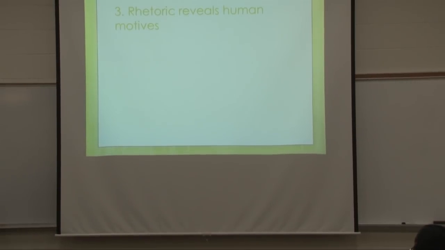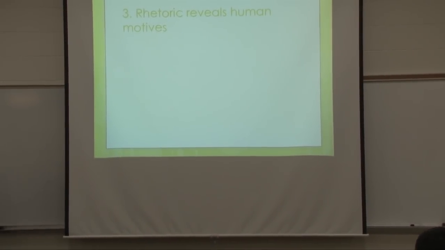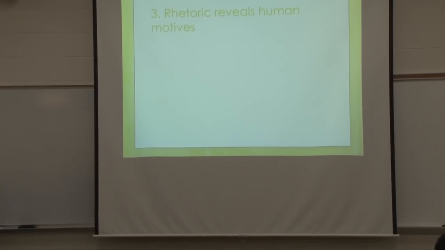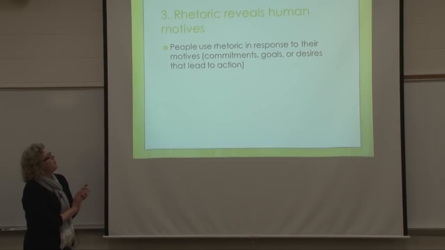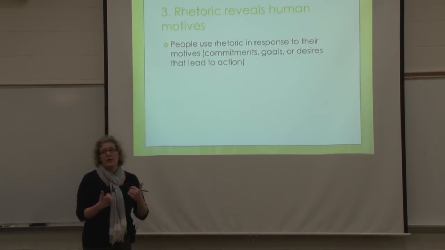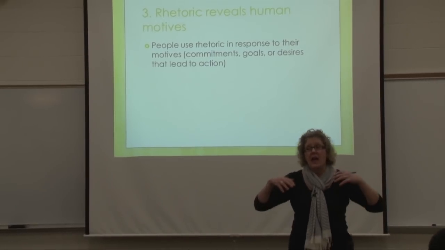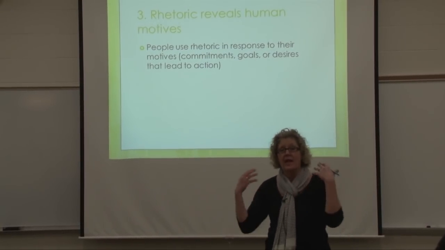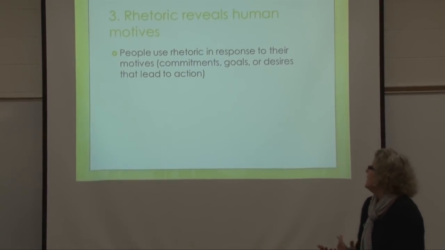Third, rhetoric reveals human motives. So this is sometimes a little bit abstract, a little bit difficult to understand. So people use rhetoric in response to their motives. All humans have motives. They have desires, they have goals, they have purposes, they have aims. We want things, okay?